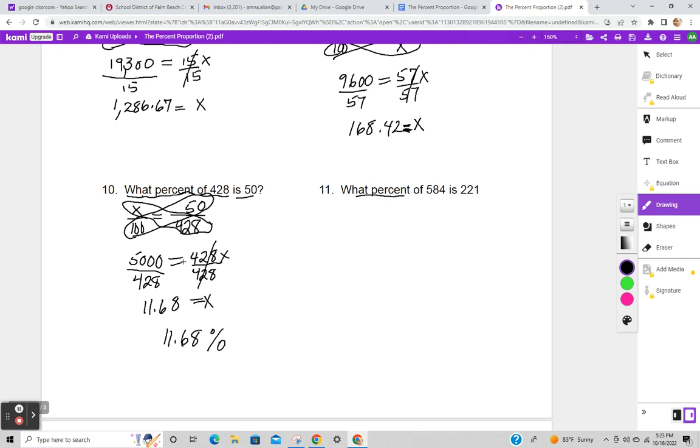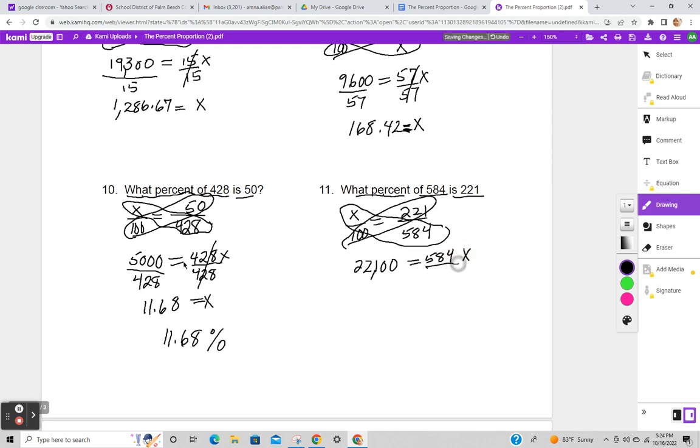All right, let's try number 11. What percent of 584 is 221? We are looking for the percent again, so we don't have that. That'll be x over 100. We have our of, that'll be on the bottom, 584. And our is 221. All right, we'll take the cross product. So that's 22,100 equals this cross product, 584x.